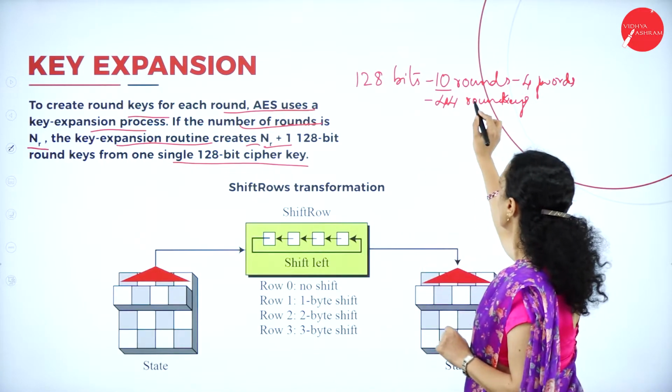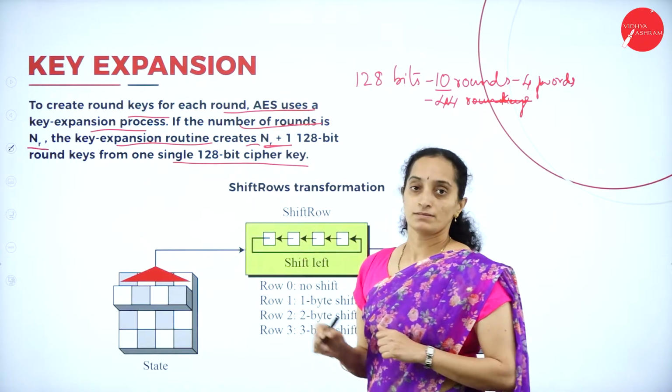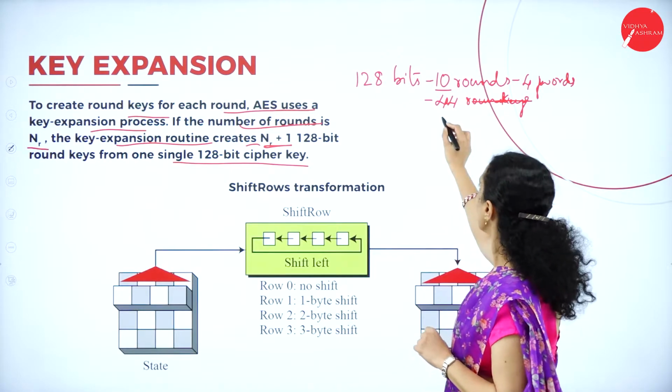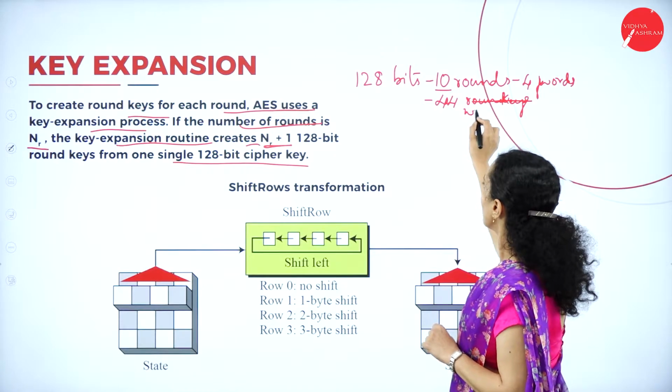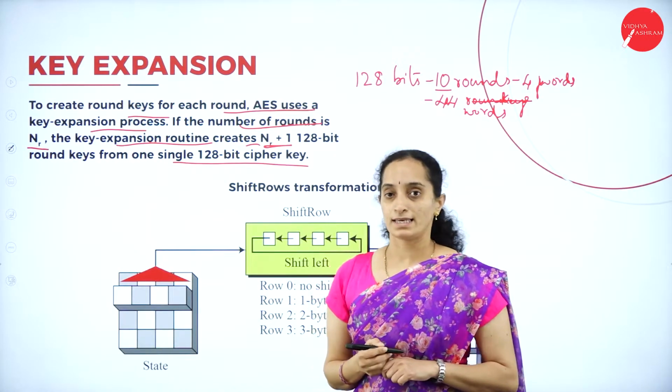But here it must be an extra 1, Nr plus 1, number of rounds plus 1. That means there will be 44 words generated in the key expansion.